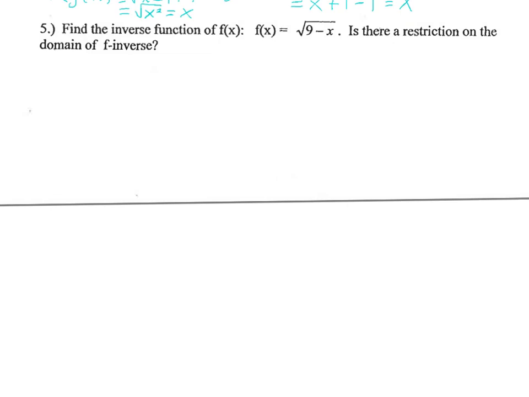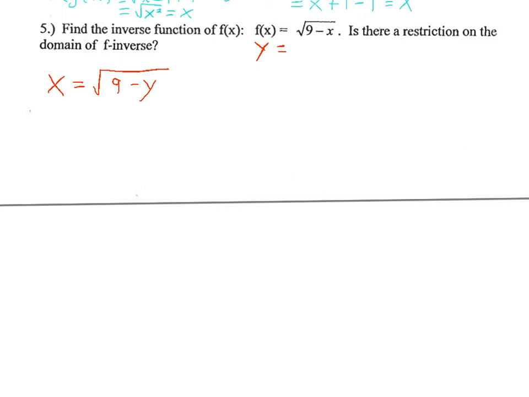In problem 5, we want to find the inverse of the function f of x equals the square root of 9 minus x. So first we want to think of f of x like a y, and then to find the inverse, we want to switch x and y. So we have x equals the square root of 9 minus y. So we're not done yet. We want to get the y by itself.